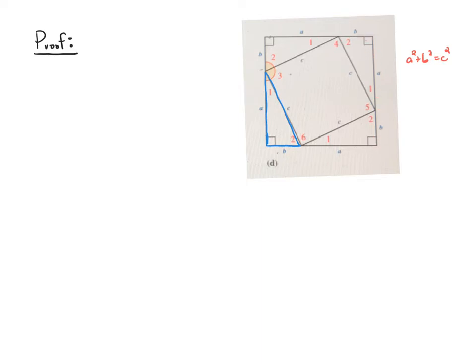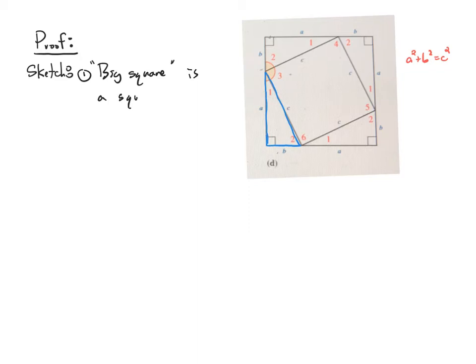So we're going to do this in parts. So the first part we just kind of talked about. So let's talk about a sketch of how this works, and then we'll show it in detail. So we're going to show that the big square is indeed a square.